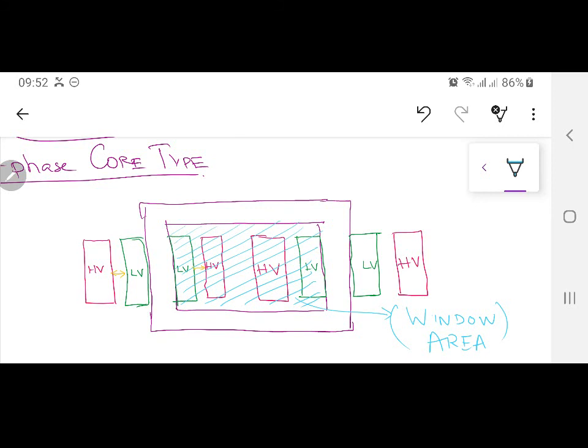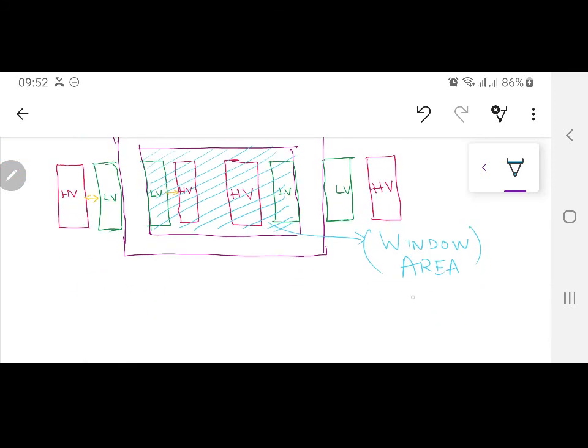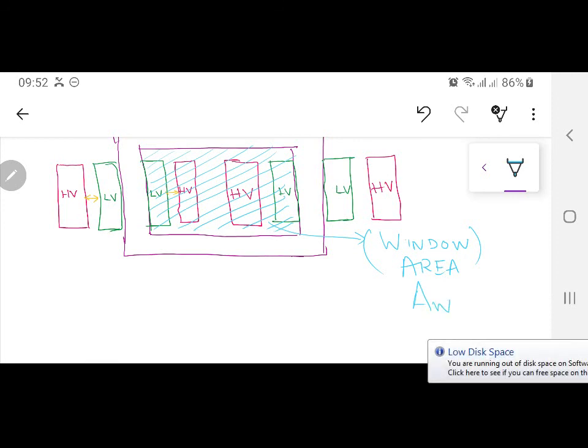This area between the two limbs of the transformer, where the winding is done, is called AW, area, because we are talking in terms of area, a two-dimensional thing, not three-dimensional. Otherwise, if it was three-dimensional, then I would use the word volume. But otherwise, this is area. So this is AW over here.